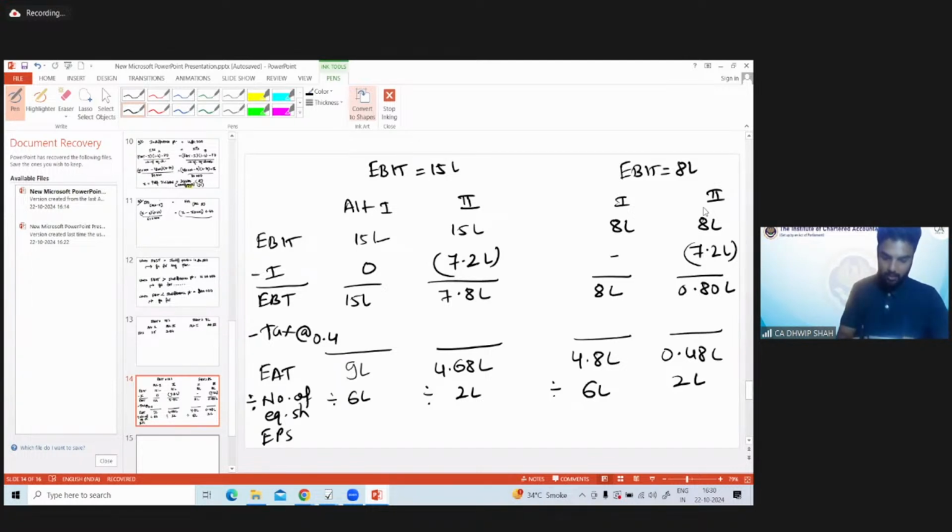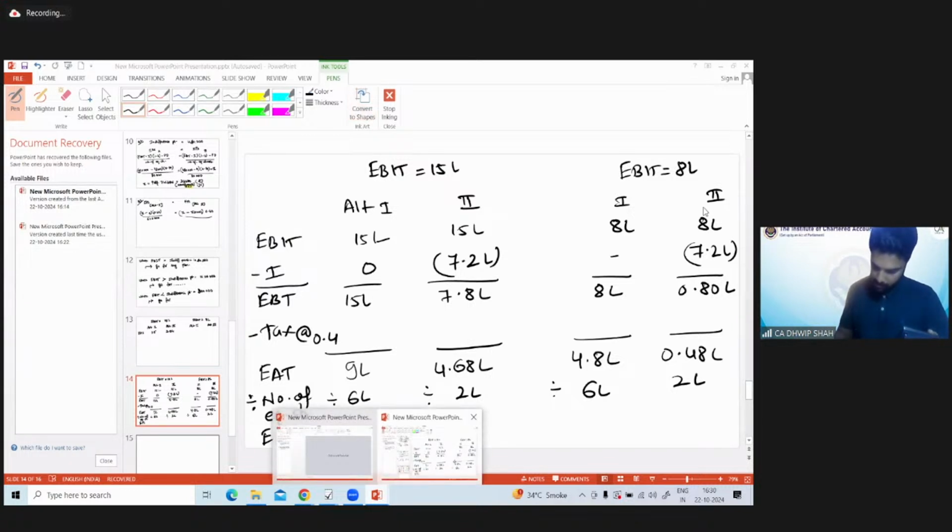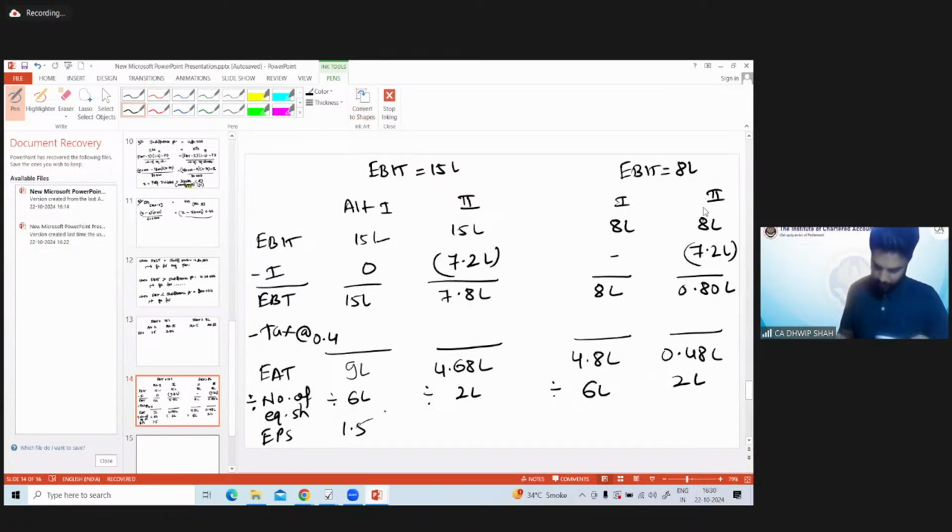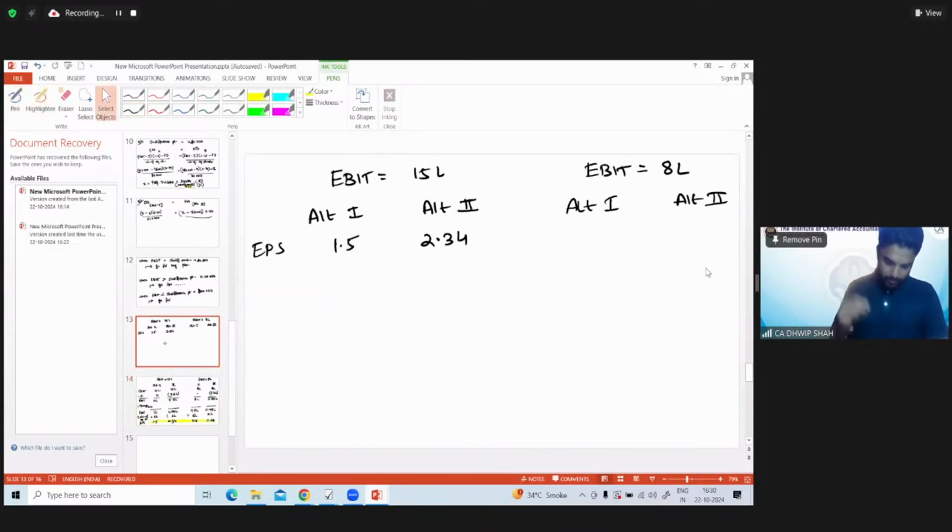EPS: 9 divided by 6 is 1.5; 4.68 divided by 2 is 2.34; 4.8 divided by 6 is 0.8; 0.48 divided by 2 is 0.24. So this is my EPS under different alternatives, under different EBIT, correct? 1.5, 2.34, 0.8, 0.24.